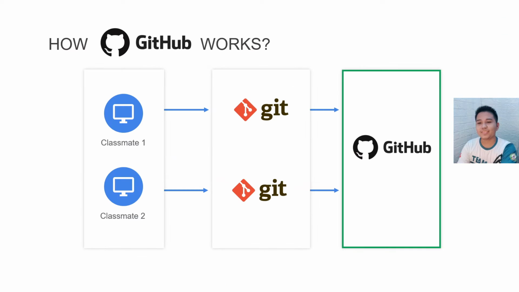So, how GitHub works, or Git also: if classmate 1 and classmate 2 are groupmates and they want to make a program for an assignment from the teacher, but the problem is that they live far from each other and cannot run the program together. For example, classmate 1 runs the program while classmate 2 can only point at it.